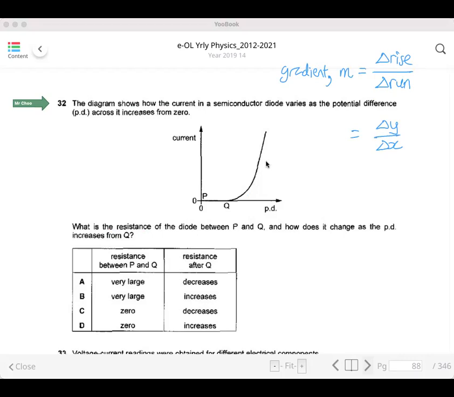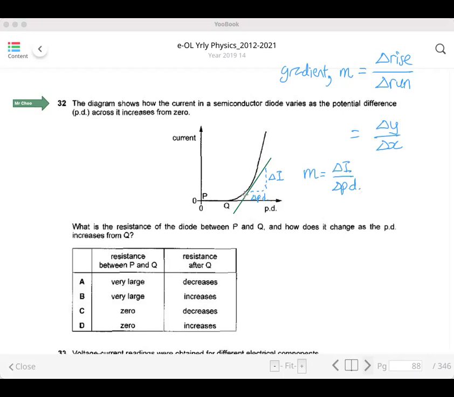A gradient is always how much your y changes, the rise, over the run, which is change of y over change of x. So for this question, if I were to draw a gradient here, the gradient would be change of current over change of PD. Clear so far?